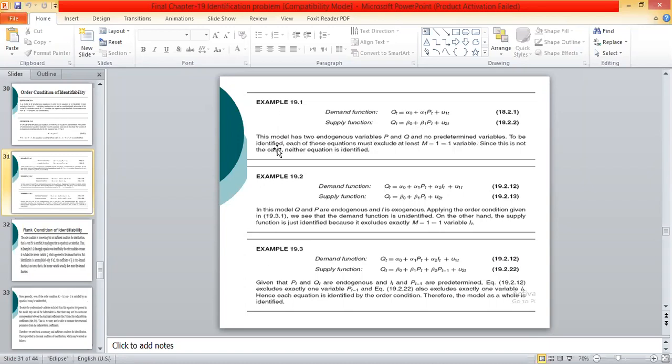To be identified, each equation must exclude at least m minus 1, that is one variable. Since this is not the case, because neither equation excludes a variable, both equations are unidentified.